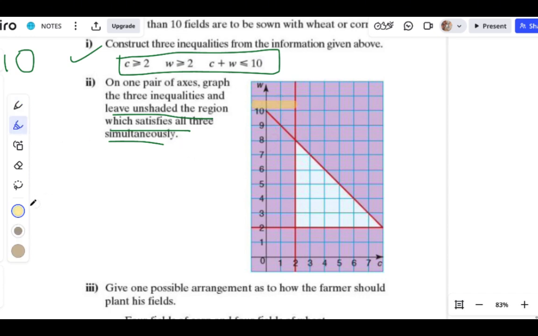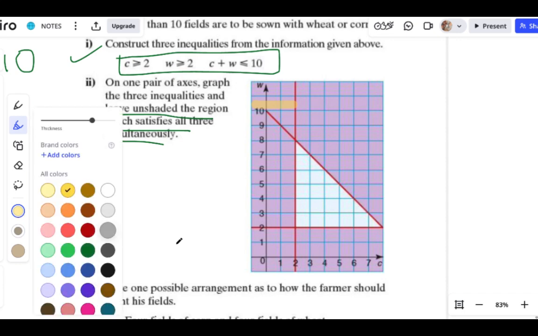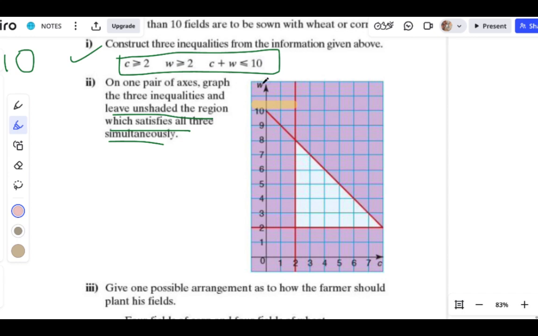We shade here. Let's change the color for shading. We shade this way. Okay, we should not shade above here, it's a mistake. So let's start from here and go back.